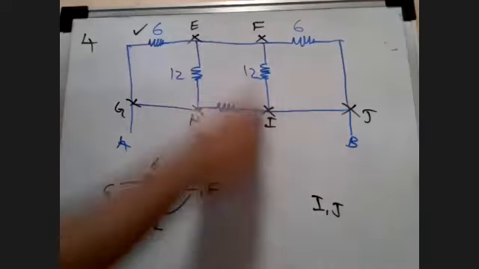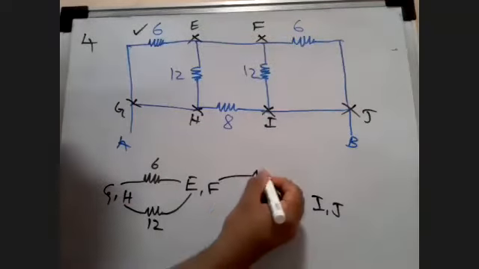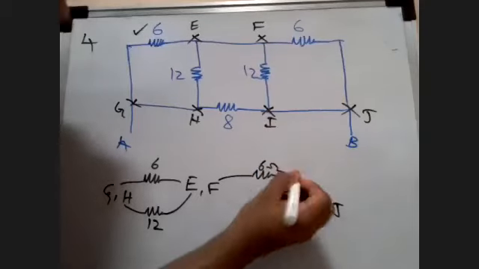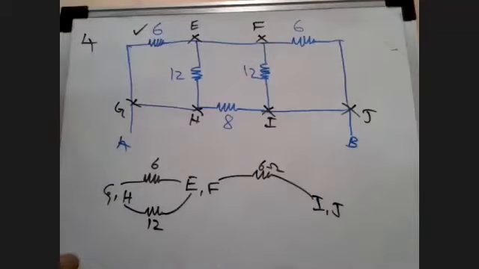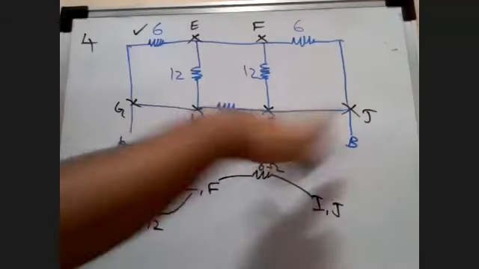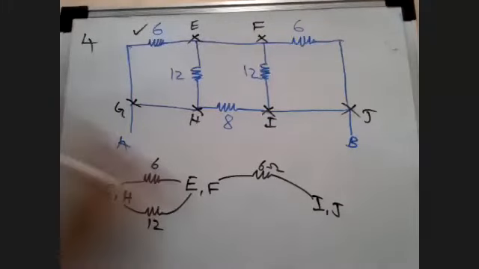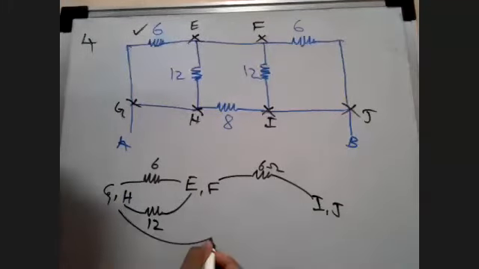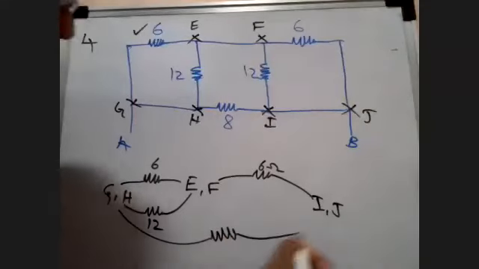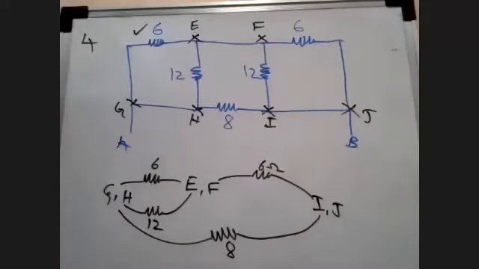F to J, there is a 6 ohm resistor. I to J is simply a point. I to H, there is 8 ohms, so I and H are going to have an 8 ohm resistor.